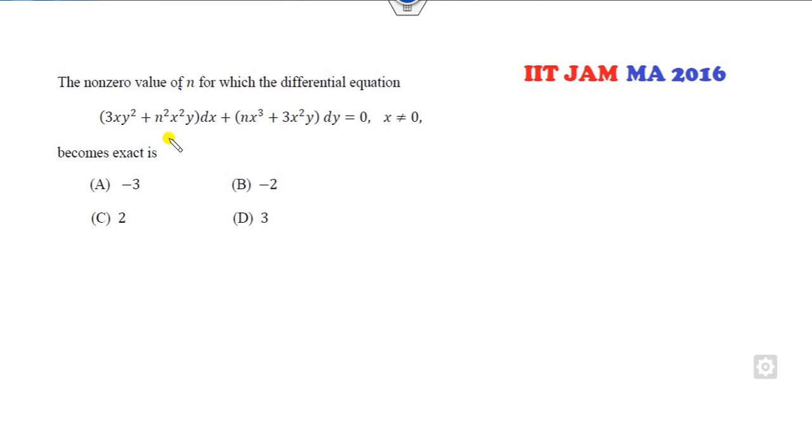Fine. So the only right option is B, that is my right answer. For what value of n is the given equation exact? This is my M, this is my N. So what is the partial derivative of M with respect to y? It is 6xy plus n square x square. What is the partial derivative of N with respect to x? 3nx square plus 6xy.